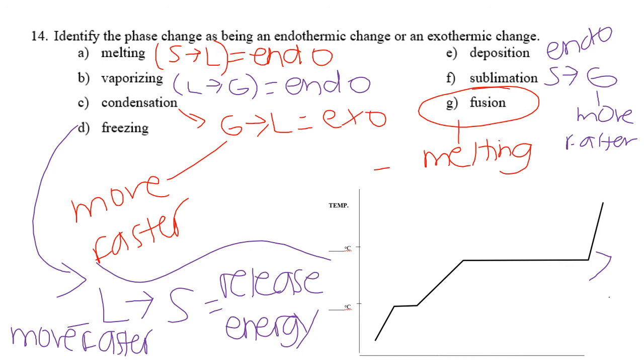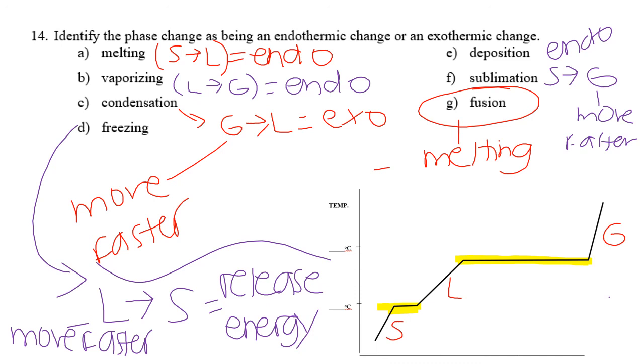Looking at this heating curve, I need you to know that this part is a solid, this part is when it's a liquid, this part is when it's a gas, and that these plateaus are phase changes. And then I need you to be able to identify which phase changes are endothermic and which ones are exothermic.